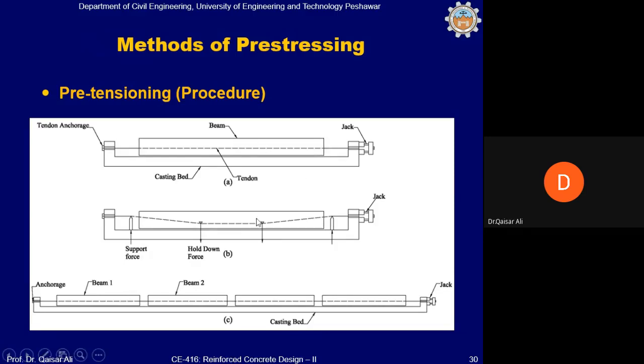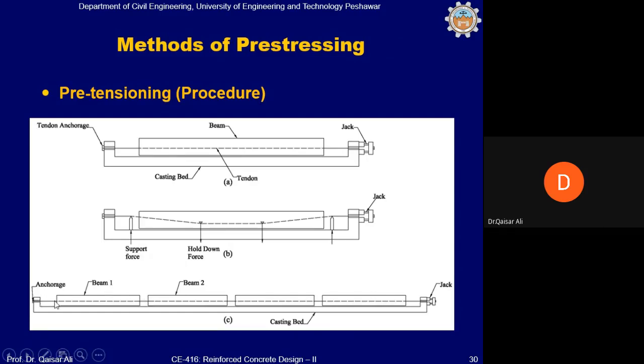You can also produce varying eccentricity pre-stressing by holding down the pre-stressing wire or cable in this manner, and the rest is the same. Multiple girders and beams can also be produced at one and the same time in a precast industry.